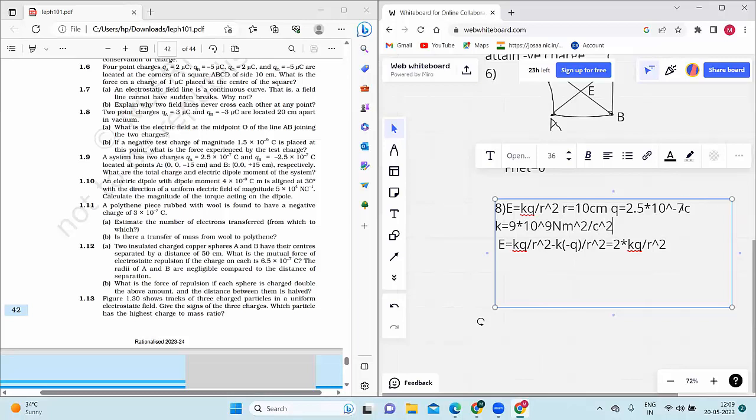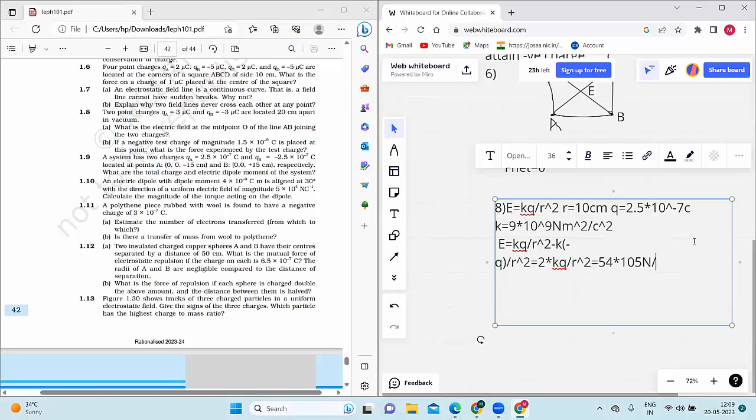By substituting these three values in this equation, we will get the electric field as 54 into 10 power 5 Newton per Coulomb.